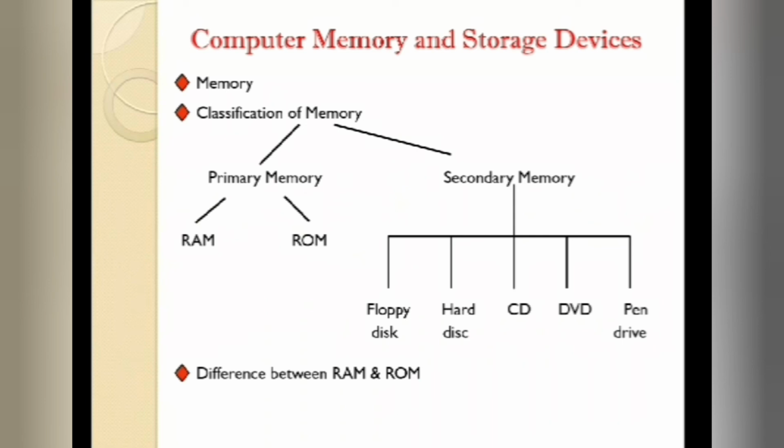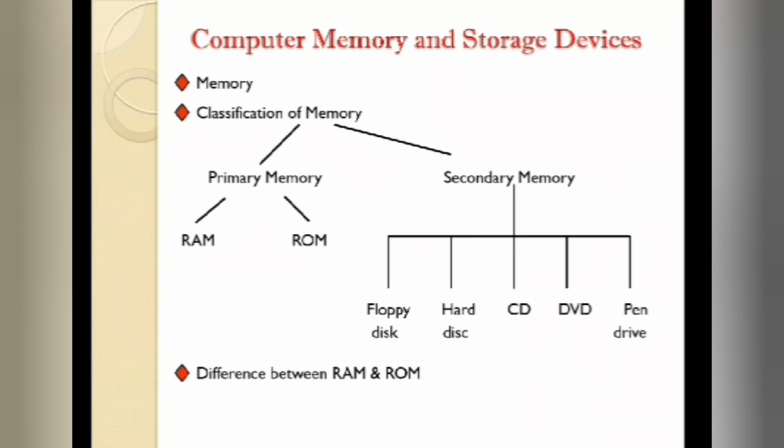Next, we discussed the classification of memory. Memory consists of two types: primary memory and secondary memory. Primary memory is also called internal memory and main memory.